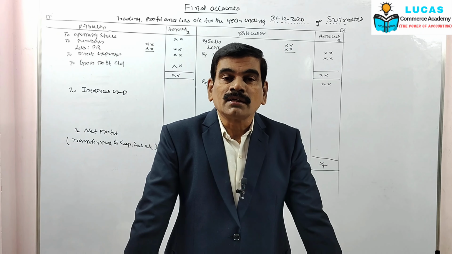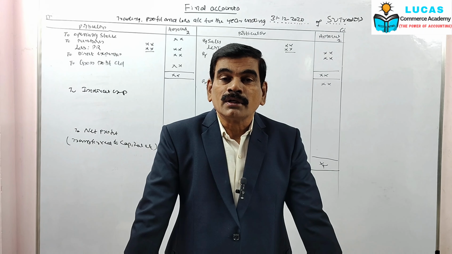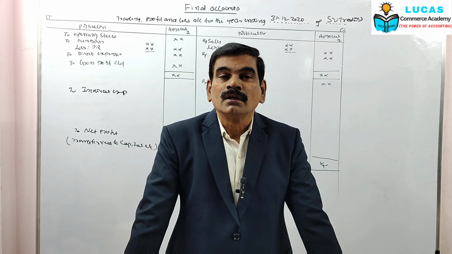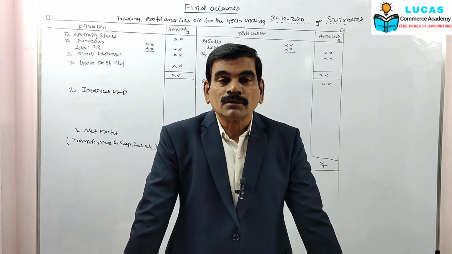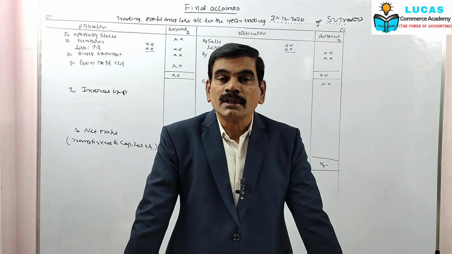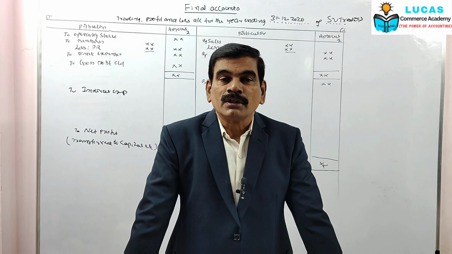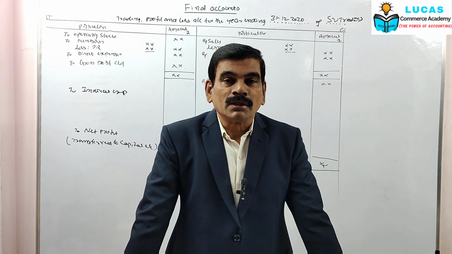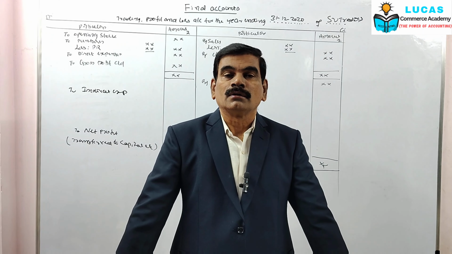Similarly, all incomes should be entered on the credit side; some are entered in the trading account and some in the profit and loss account. The balance of the trading profit and loss account indicates profit or loss, which is to be transferred to the capital account.